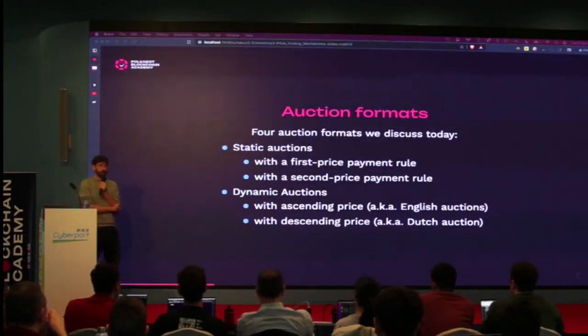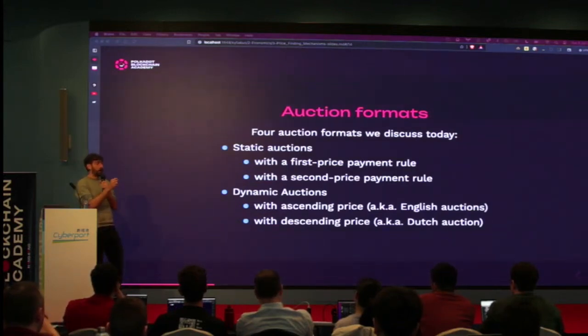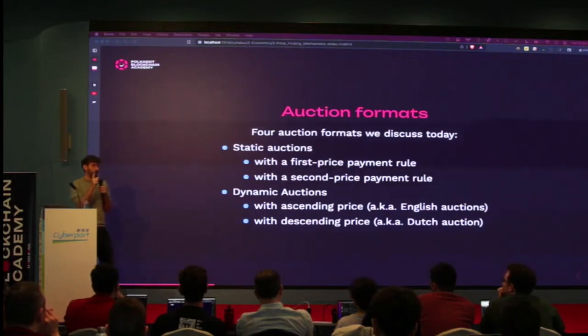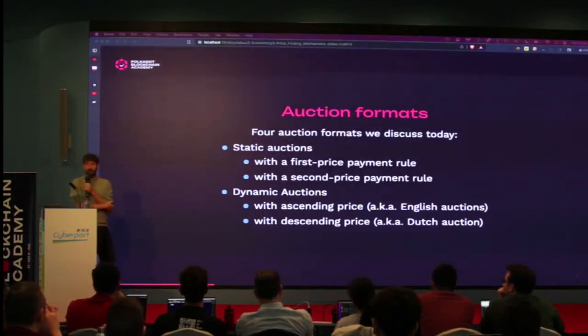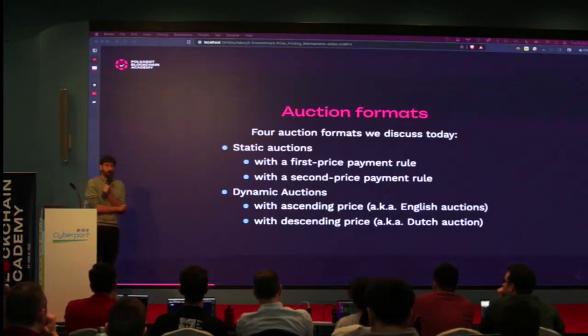So if there are 3 bidders and one bids 5, the other bids 10, and the last one bids 15, the one who bid 15 wins, but they are actually only paying 10 because it was the second highest bid. And we will see that this leads to very interesting and very cool results in a way. But it's kind of counterintuitive, right?